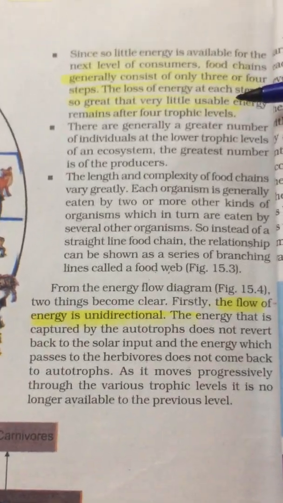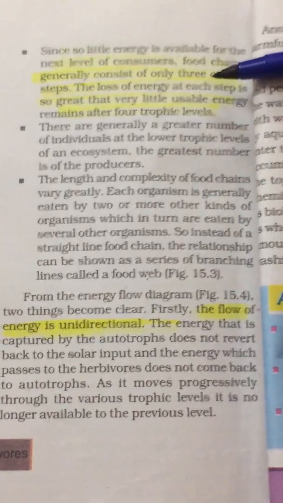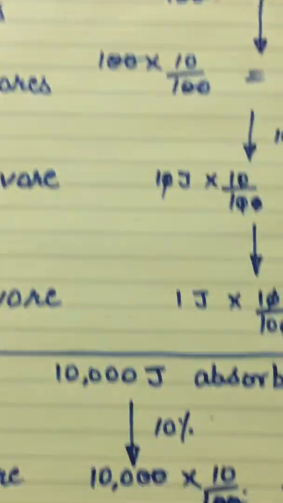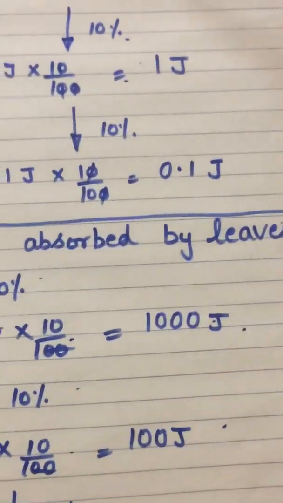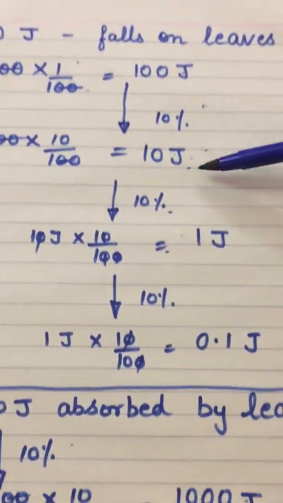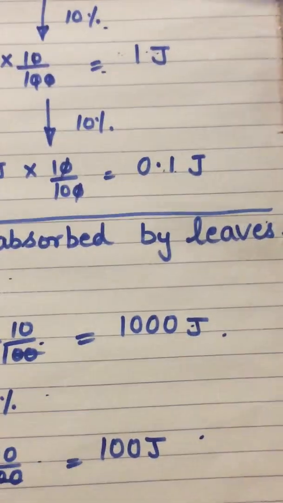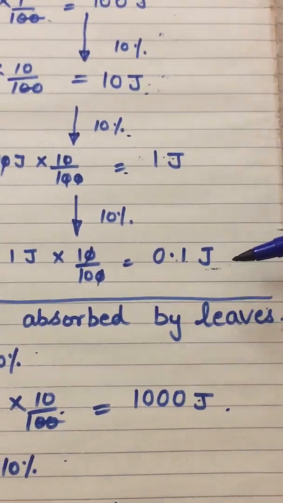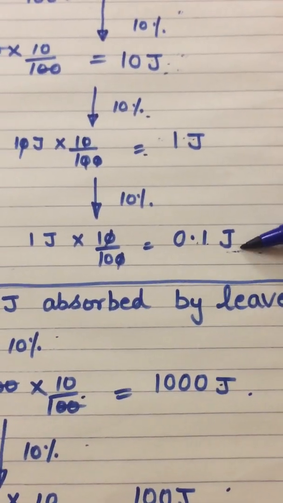Next, the food chain consists of only 3 to 4 trophic levels, because after 3 to 4 trophic levels, a very negligible amount of energy is left. Here, first trophic level, second, third, fourth. So after 4 trophic levels, only 0.1 joule of energy is available for the omnivores.